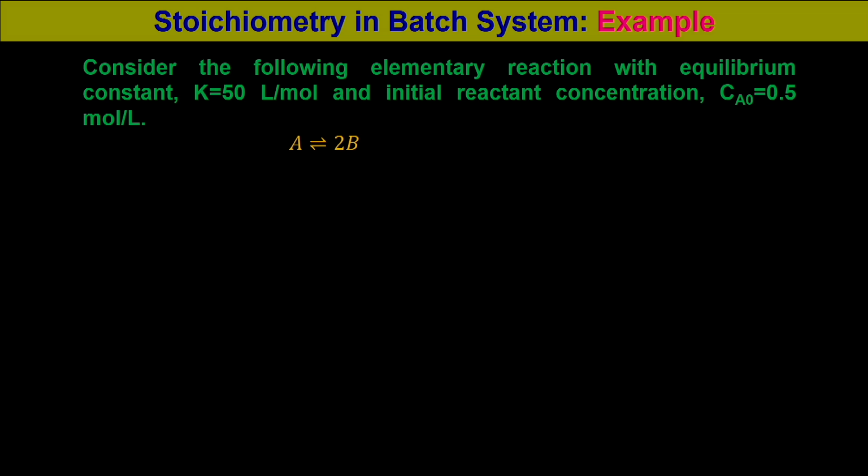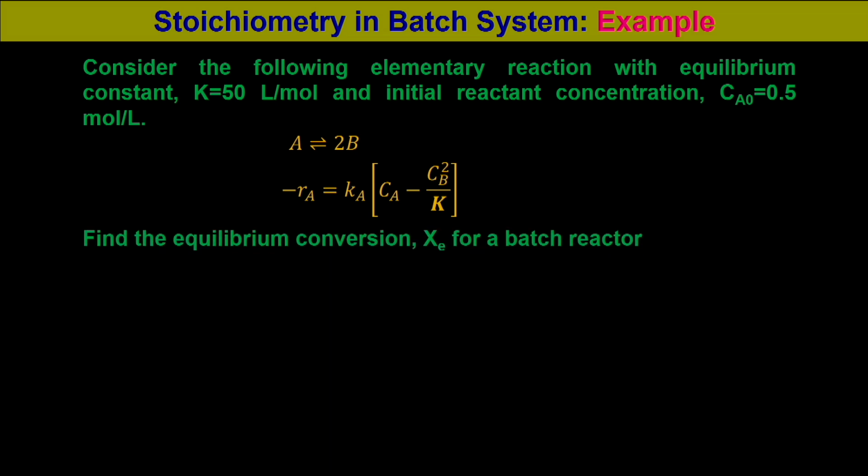The reaction is A to twice B, and the rate of reaction is given as Ka into Ca minus Cb square by K, where K is the equilibrium constant. We need to find the equilibrium conversion Xe for the batch reactor.